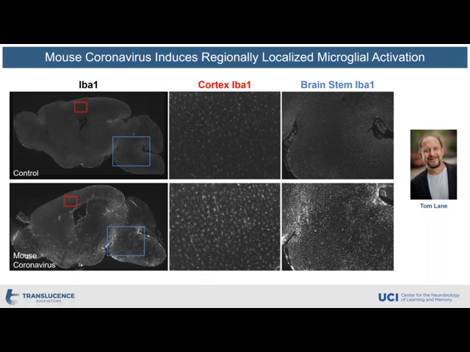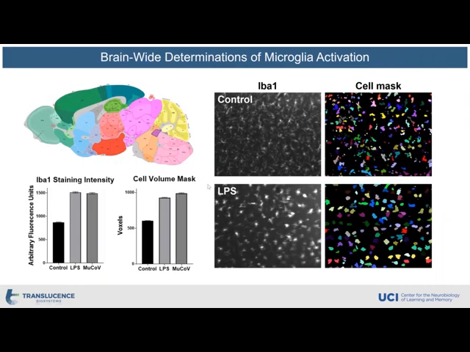So this is just the very fresh data. We're still looking at this more in depth to try to characterize the regionalized patterns of proliferation and activation of these microglia. And this is just one taste of the kind of quantitative measures that we're employing, showing you here that the IBA1 staining goes up in conditions which induce neuroinflammation, such as LPS and the mouse coronavirus infection.